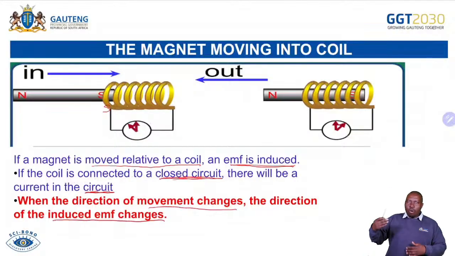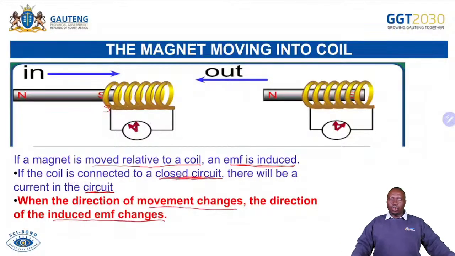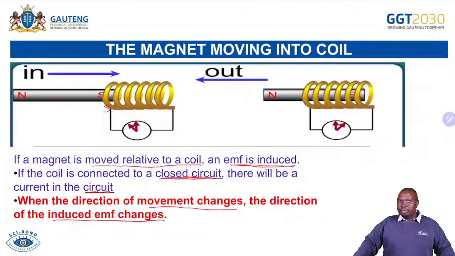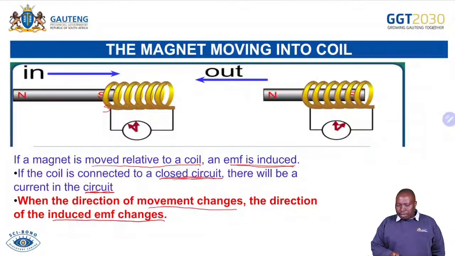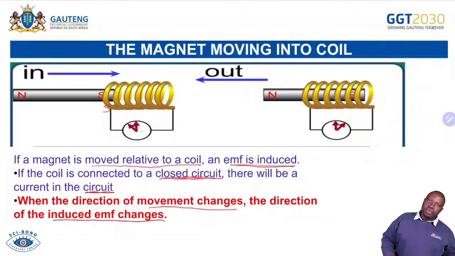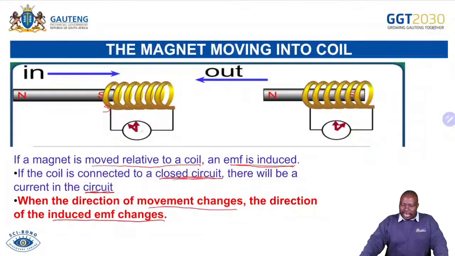So it's always opposing. Yes, according to Lenz's law, that is not prescribed for us, but it's important that you understand that as the magnet moves in, the galvanometer there is showing you the current, and the current will now move in the opposite direction. As the magnet moves out, the current will move in that other direction.